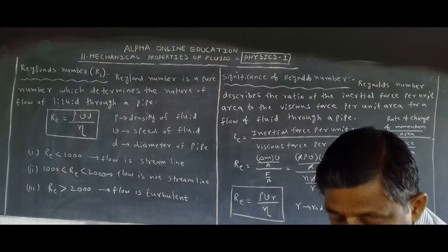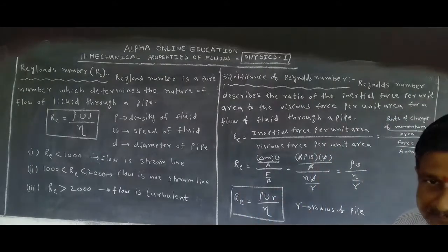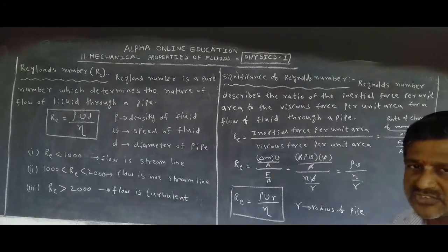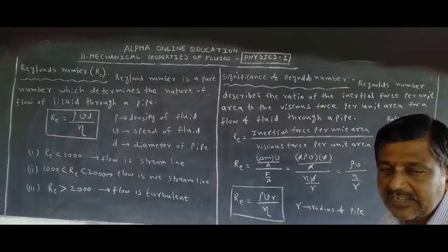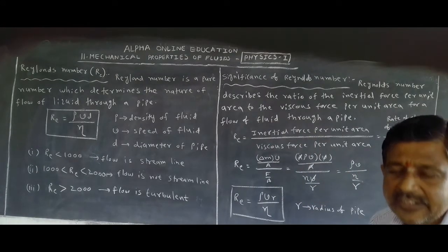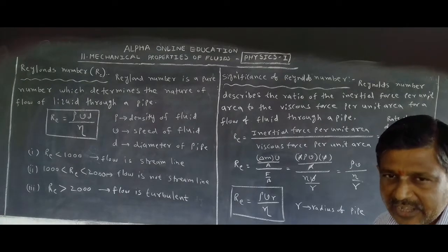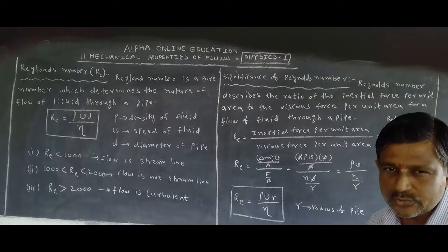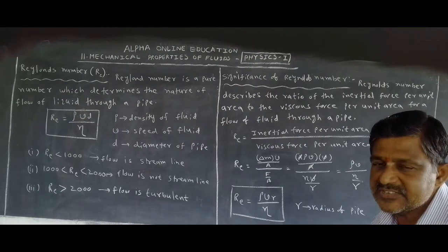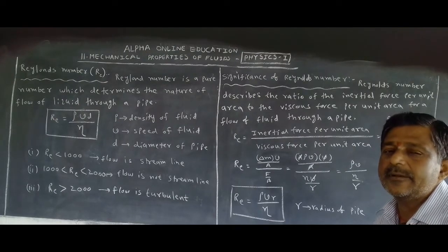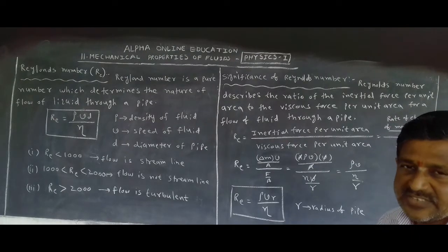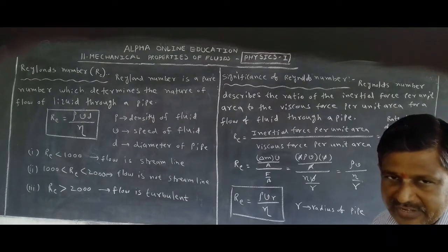Inertia opposes the motion. Inertial force per unit area divided by viscous force per unit area when the liquid flows through the pipe is known as Reynolds number. We can say this is the physical significance, or also the definition.